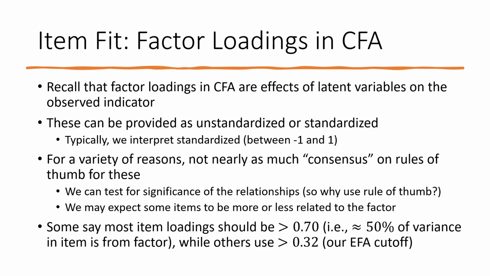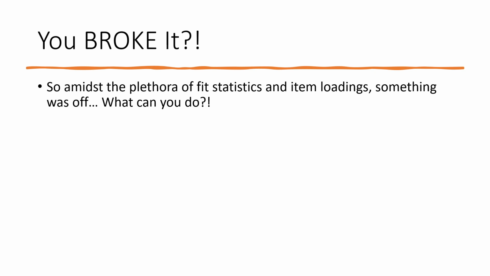Maybe one closing thing here is it's important to go back to theory, and we'll talk about this when we talk about "you broke it." So amidst the plethora of all of the different statistics, all of the different item loadings, all of the different things you just did, something broke. What can you do?